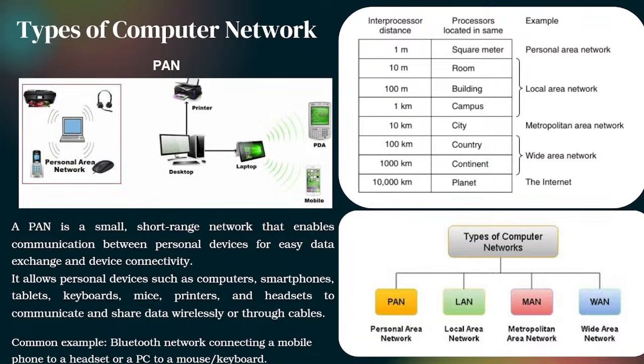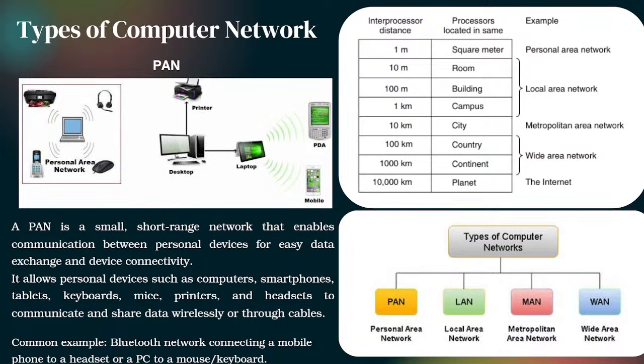If it is 100 or 1000 kilometers, country or continent can be considered, which is wide area network. Obviously, if we cover the whole planet, more than 1000 kilometers, so the whole planet, if we are connecting, that concept we say is the internet. These are the general things which are given in your textbook also.